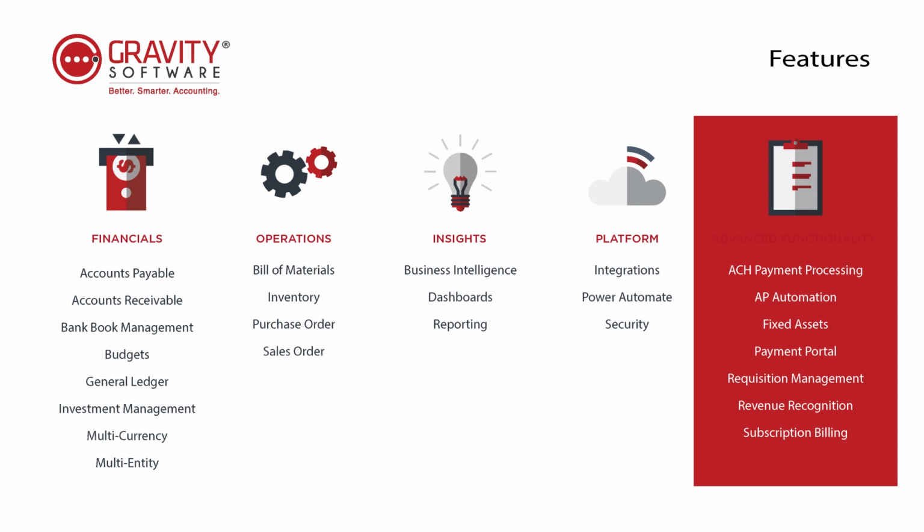Revenue recognition works independently but also with subscription billing to take long-term contracts and break them into monthly buckets, where we want to record that portion every month. So if we have an annual contract with a customer, I only want to recognize 1/12 of that each month, and revenue recognition will do that for me.